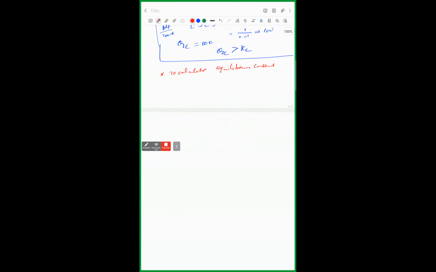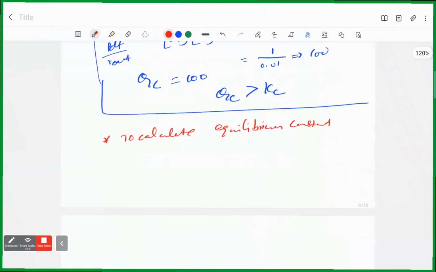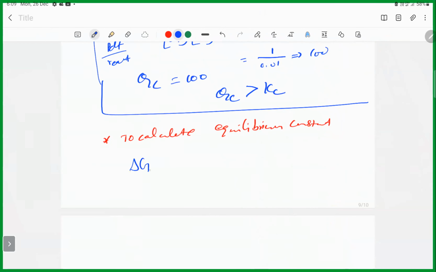So we know that the Gibbs free energy, delta G, becomes the standard value of Gibbs free energy plus RT ln Q. So delta G0 is the standard Gibbs free energy and delta G is the free energy change, Q is the reaction quotient.